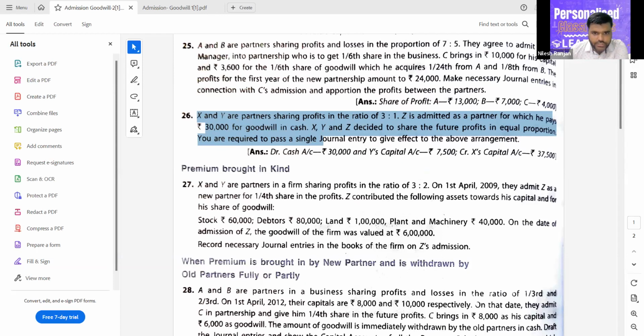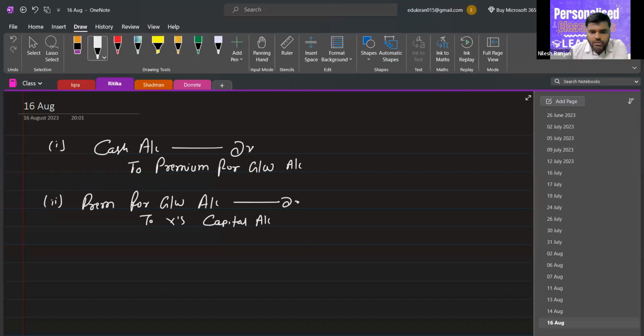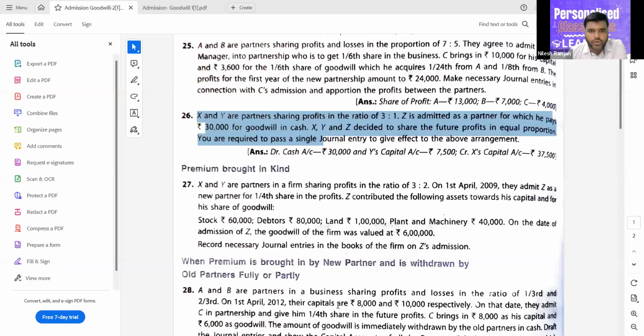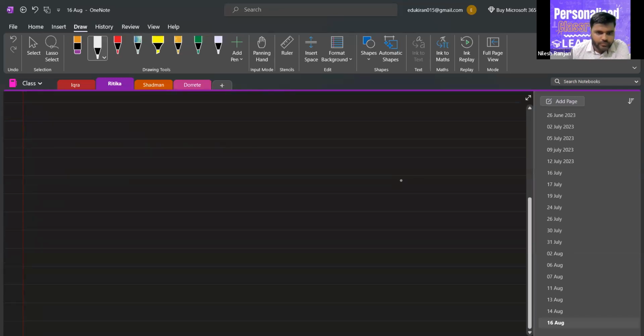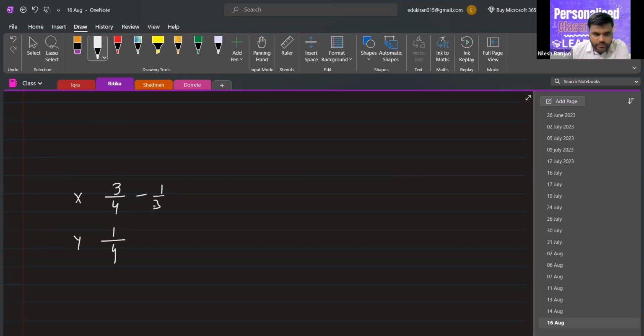Let me calculate it. Their old ratio is 3:1, and now the future profit will be in equal proportion. So 3/4, 1/4 minus 1/3, minus 1/3.